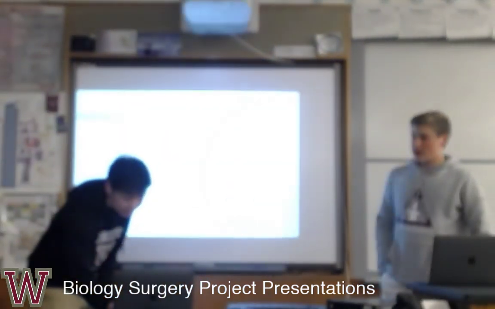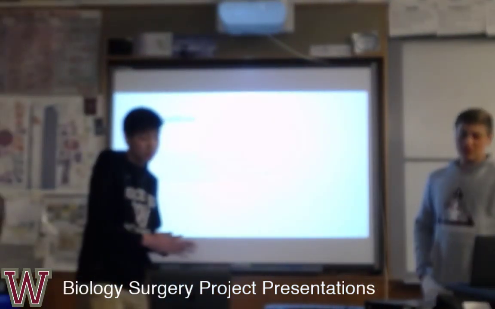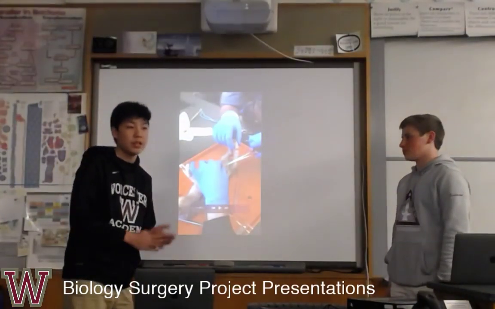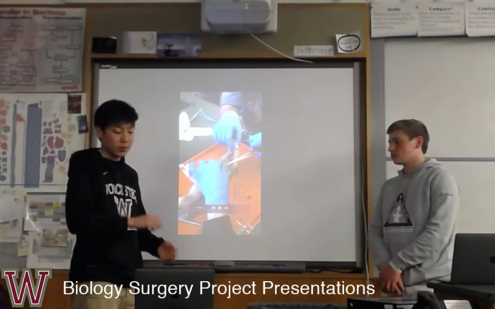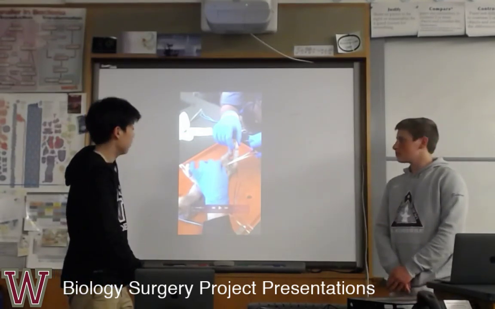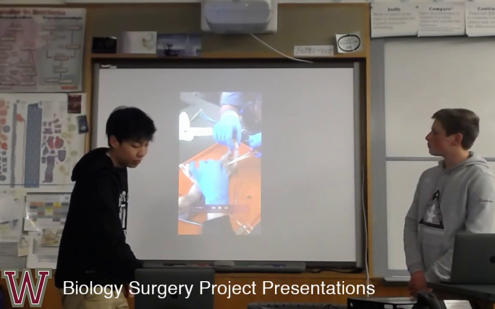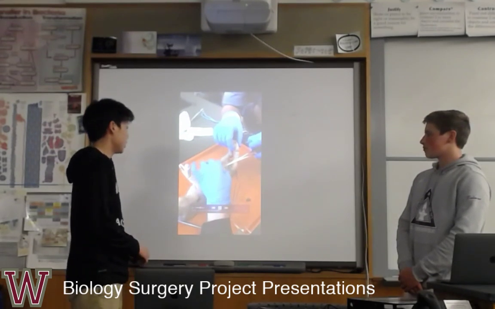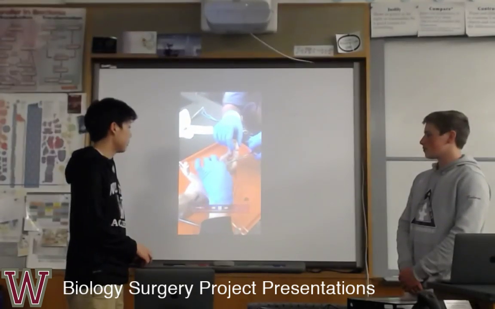Then the patient's belly was stitched up. Before that, we also stitched up his appendix, as there was an opening that we had to close. This is a clip of us stitching up the patient's belly, which was the longest procedure in the whole surgery.